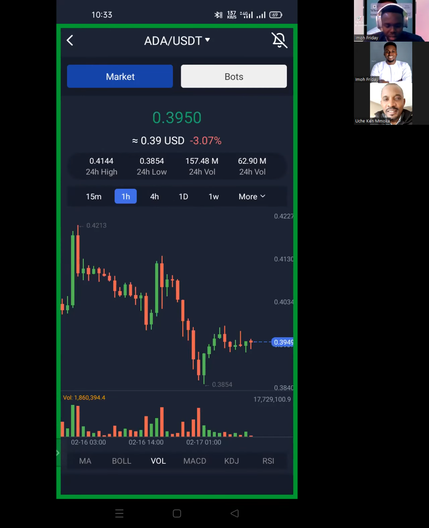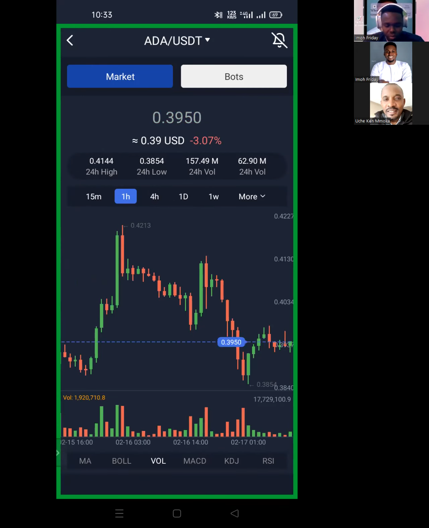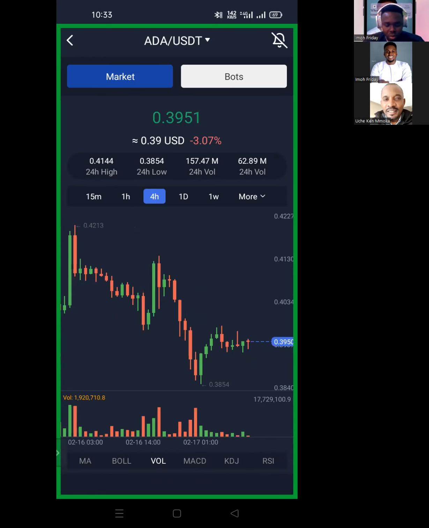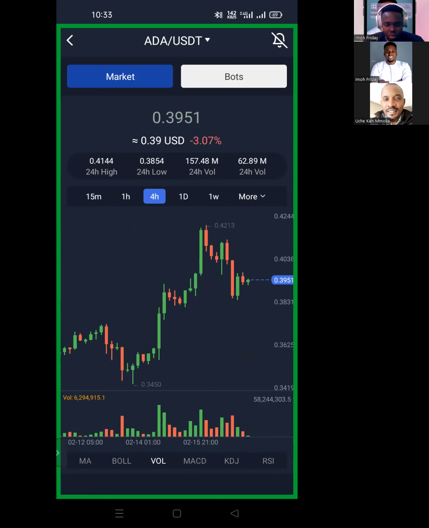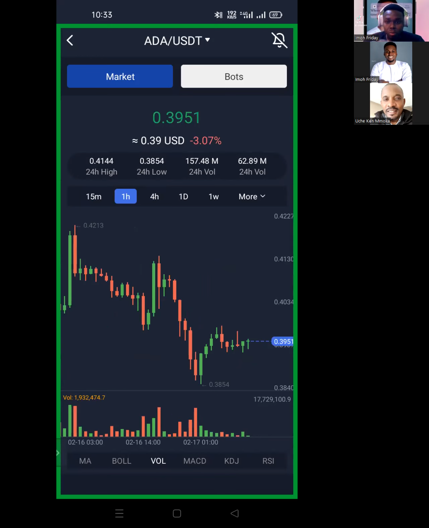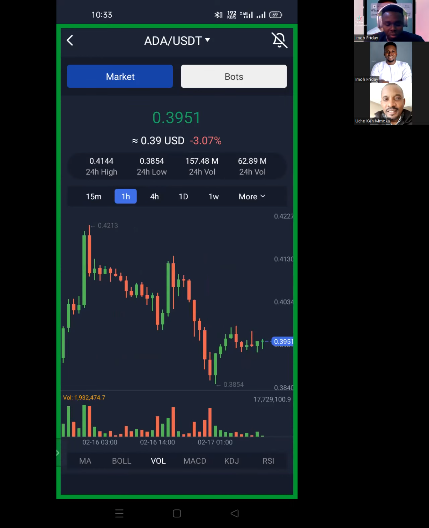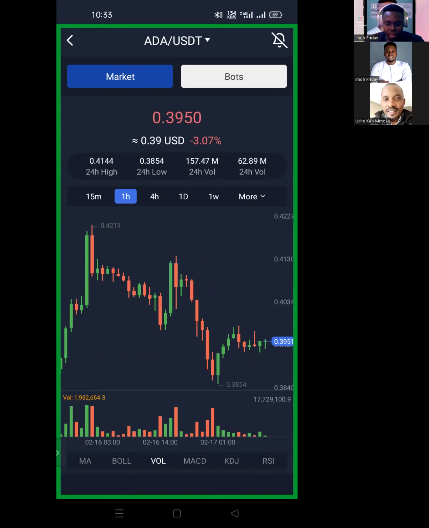I'm going to place mine in 1 hour time frame. You can do 15 minutes, you can do 1 hour, you can do 4 hours time frame. You can do one day. But let's say 1 hour time frame. Now, how does the grid bot work? Very simple. You set a range from the highest to the lowest.